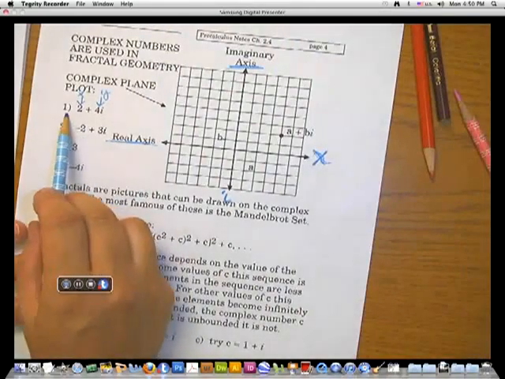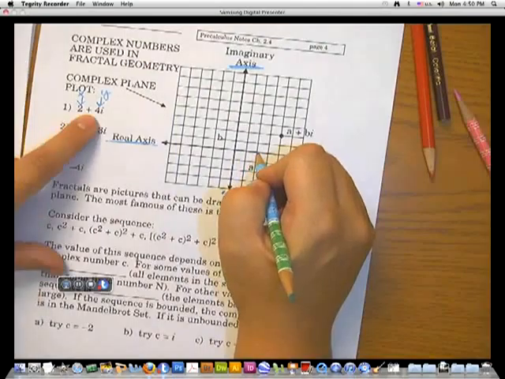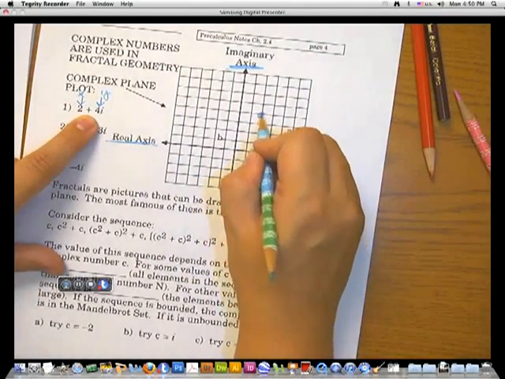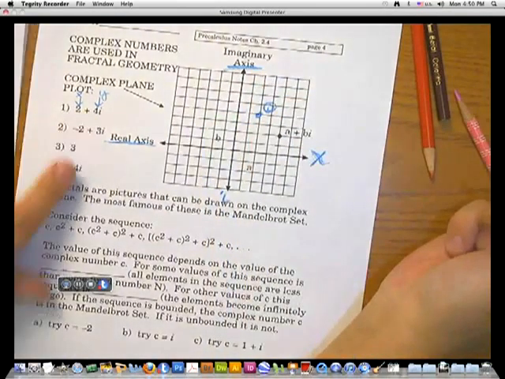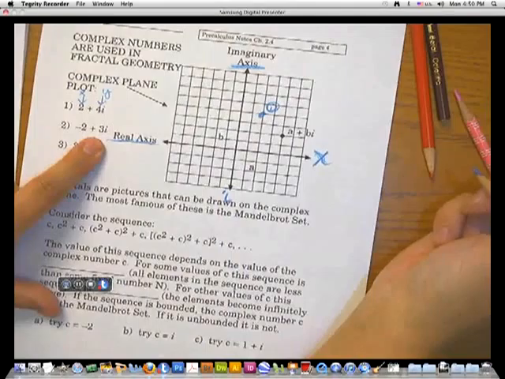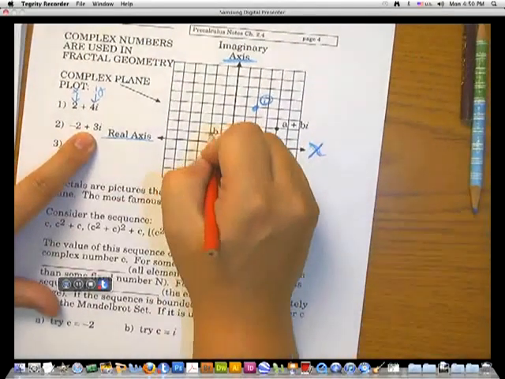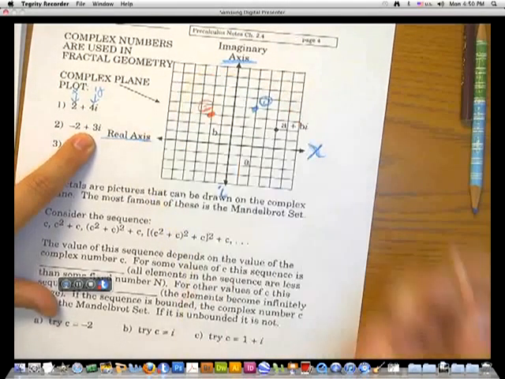So on number 1 here, I'm going to go x is 2, and then positive 4. So that's number 1. Minus 2 plus 3i. So minus 2 on the x, positive 3 on the y.